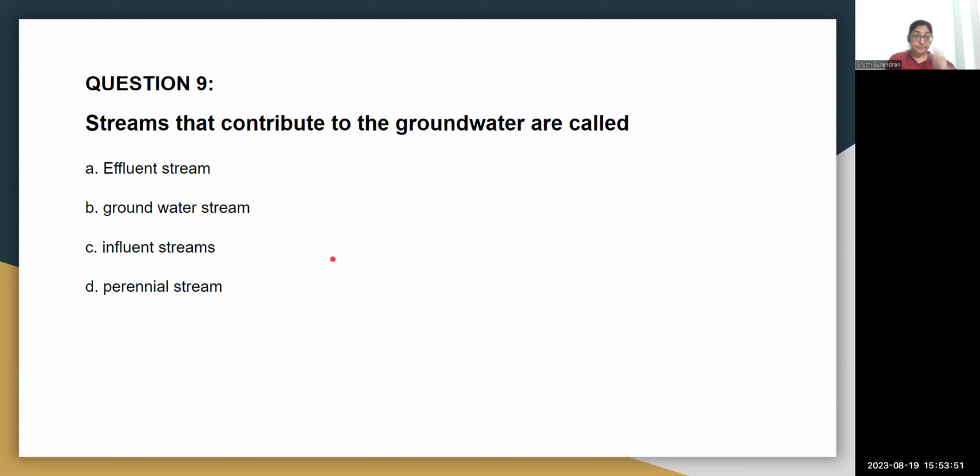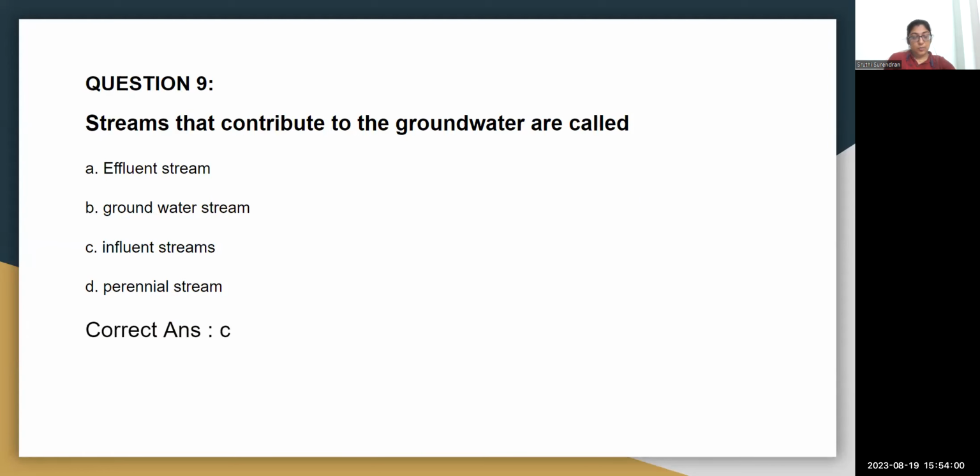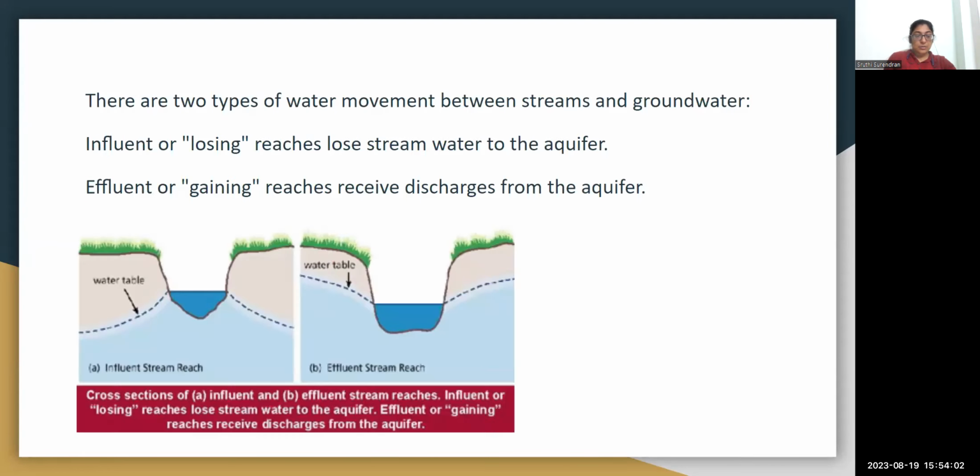Okay, so the correct answer is C. Let's see what these influent streams and effluent streams are. The correct answer over here is influent streams. So there are two types of water movement between a stream and the groundwater. A stream is surface water, and groundwater is under the surface.